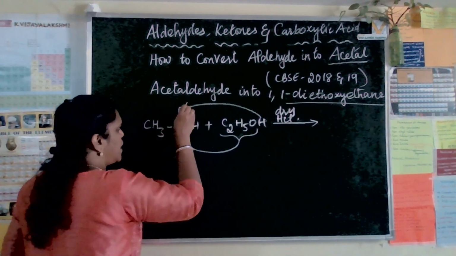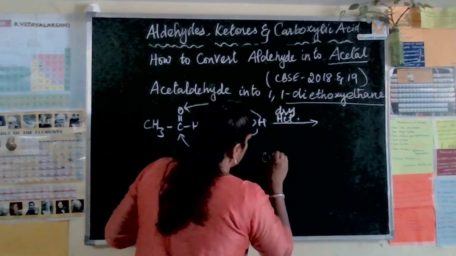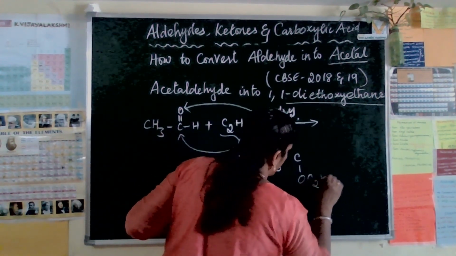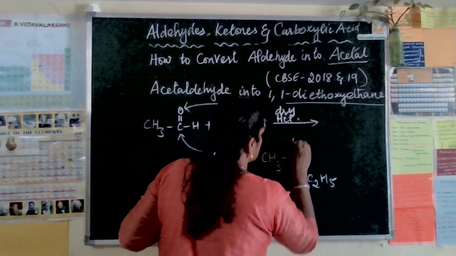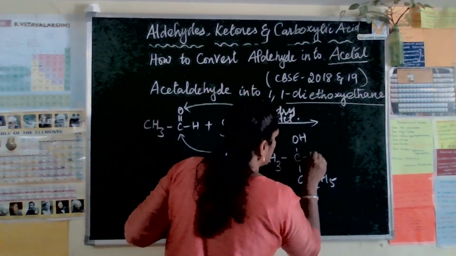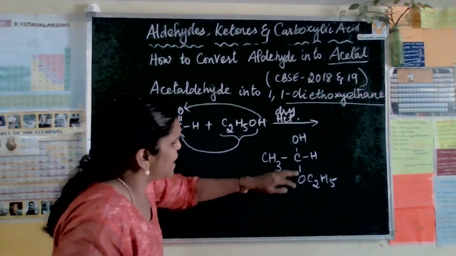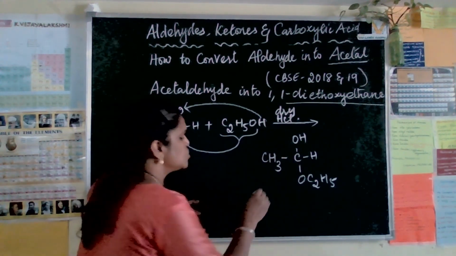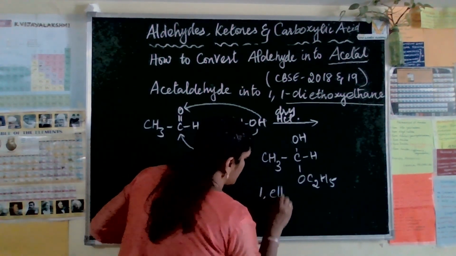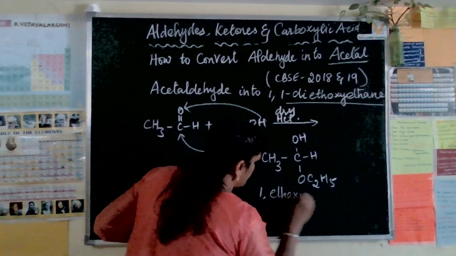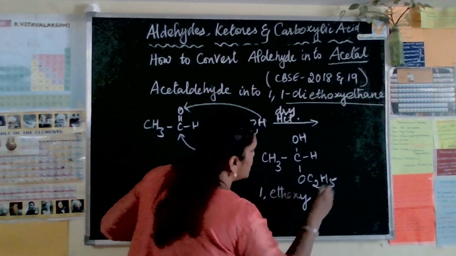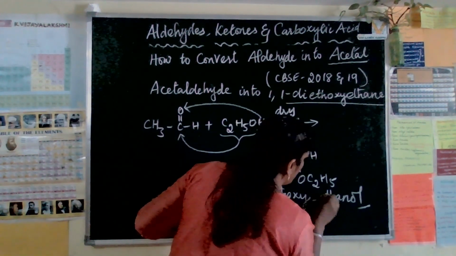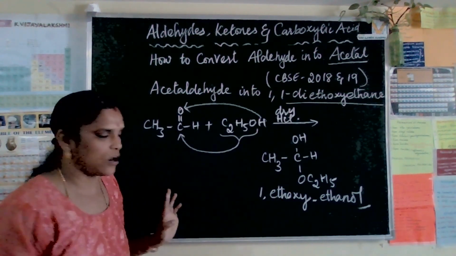This is going to attach over here. So here CH3 C, OC2H5, here OH, here hydrogen. So that means addition of aldehyde and alcohol, both are there. So one ethoxy, ethanol, 1-ethoxyethanol. Okay, fine.